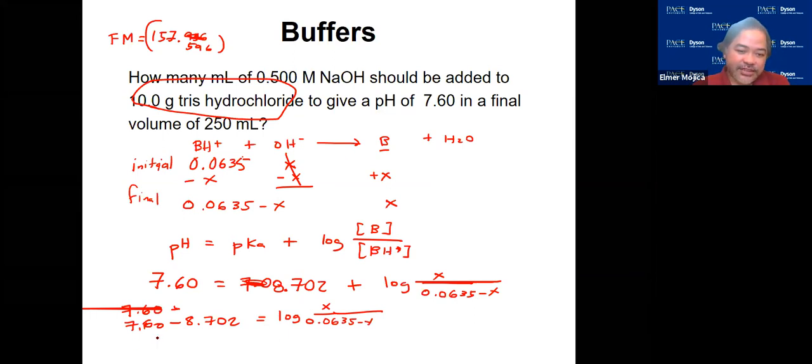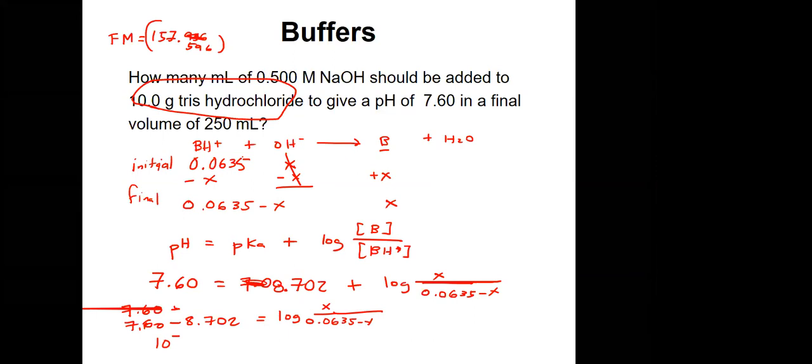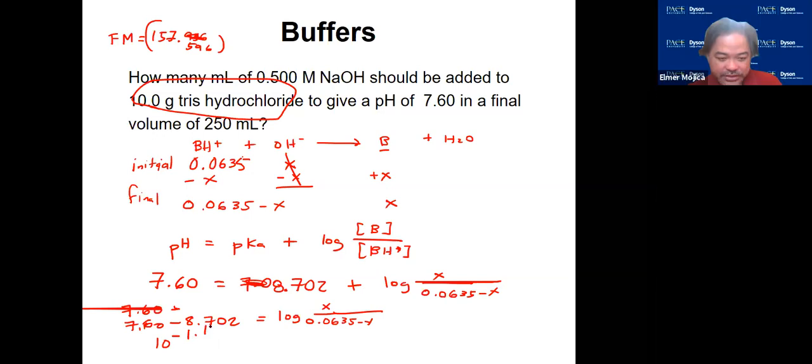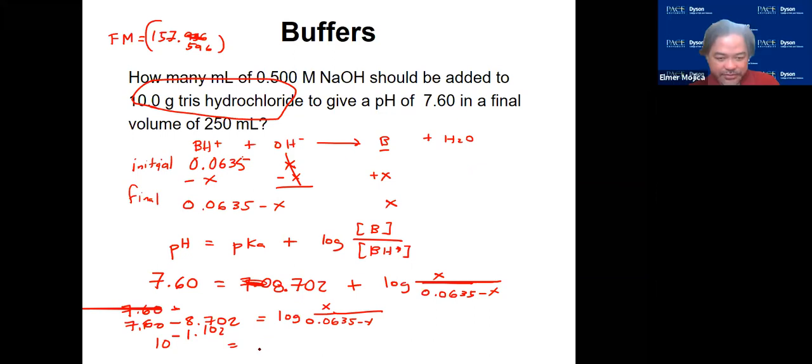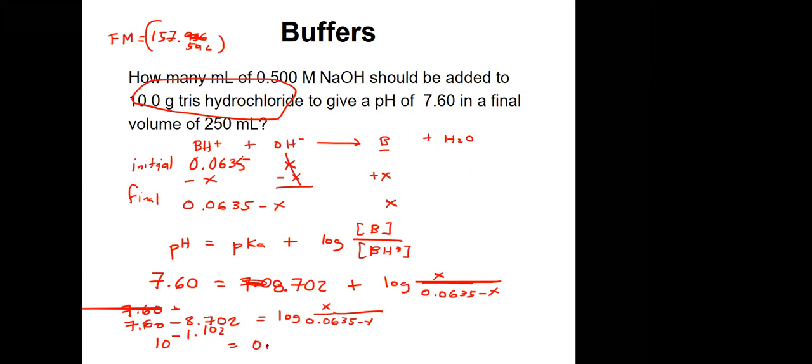So what's the 10 to the negative number that you get from here? 7.60 minus 8.702 gives negative 1.102. And 10 to the negative 1.102 will give you about 0.079, or 0.08 if you round it.